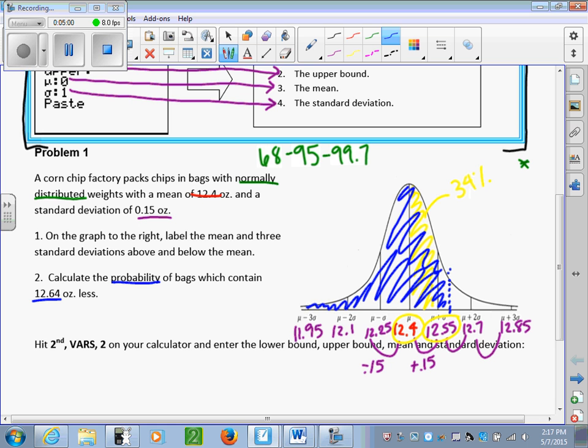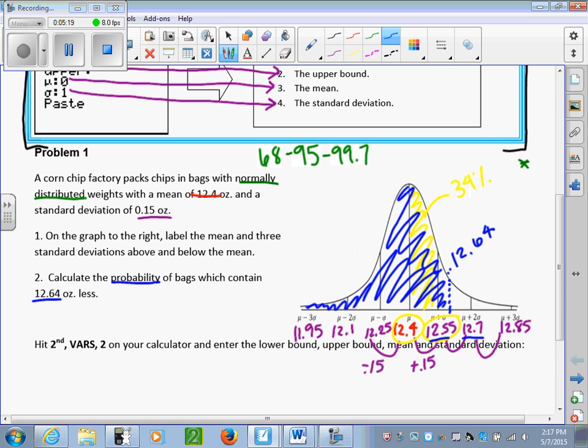Everyone see how that's approximately 12.64, a little bit above 12.55 and less than 12.7? Since it doesn't fall on an exact standard deviation, I can't tell you exactly what percentage is represented by that blue area.